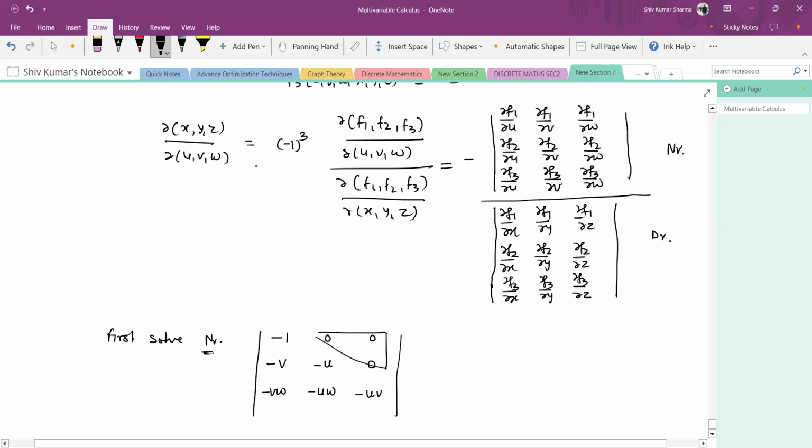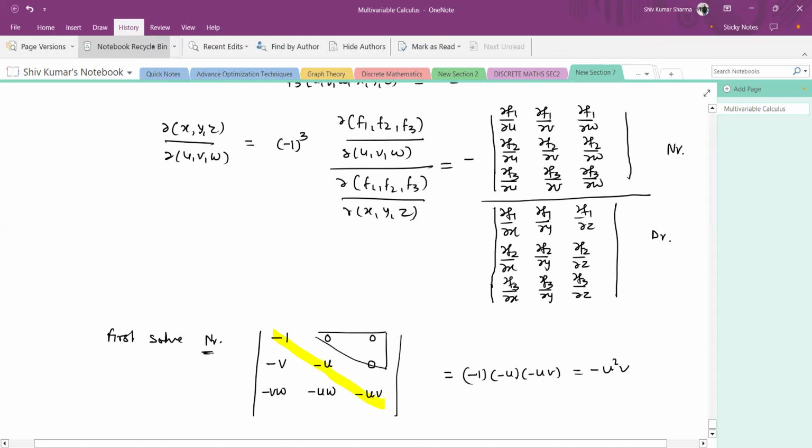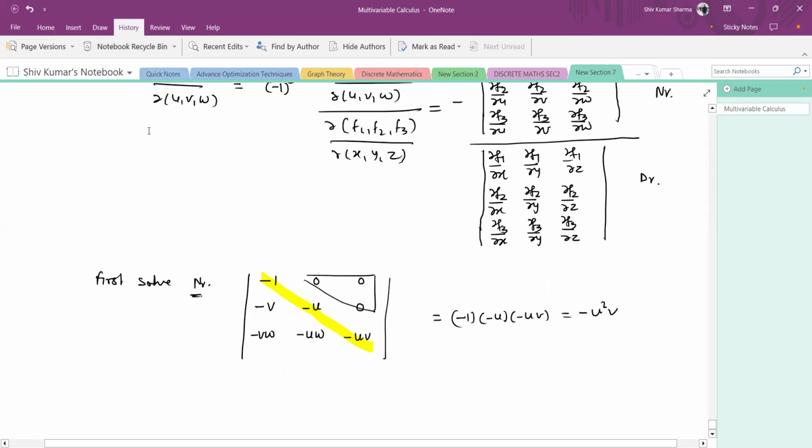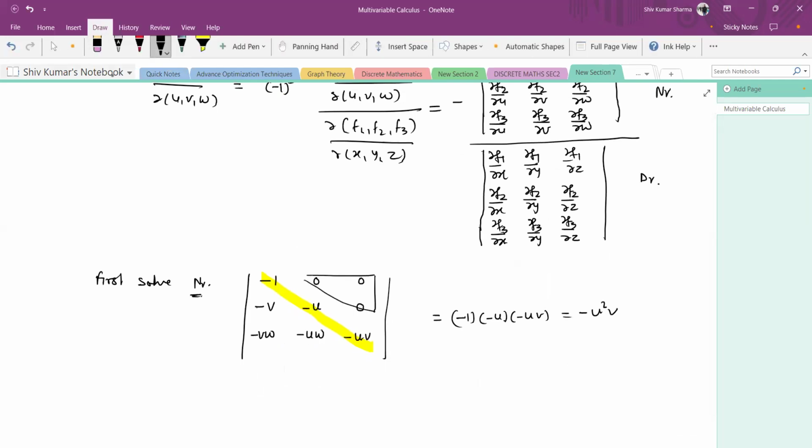So the determinant value is the multiplication of the leading diagonal elements. So directly we write the value: multiplication of the leading diagonal elements, minus 1, minus u and minus uv, gives us minus u square v. Okay, so this is the numerator solution. Now we solve the denominator part.